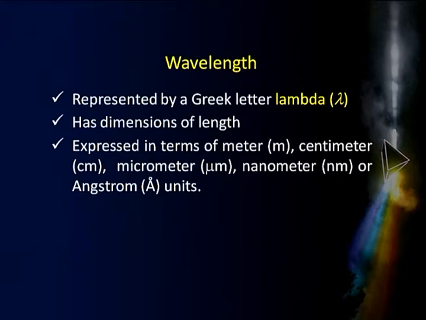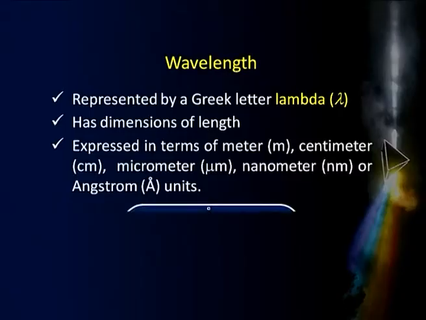That means you have centimeter, micrometer, nanometer or angstrom. Centimeter means 1/100th of a meter, micrometer is one millionth part of a meter, nanometer is 10⁻⁹ meter, and angstrom is about 10⁻¹⁰ meter.